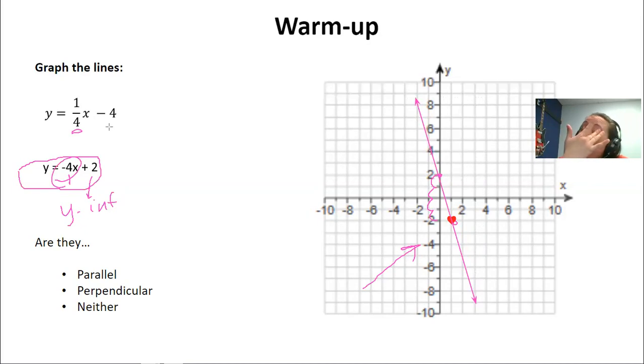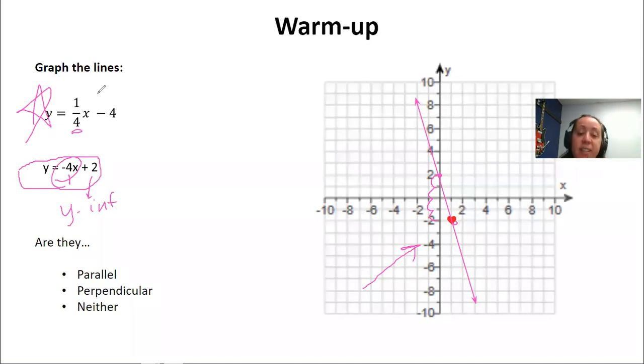So Piper, what about the first one? Where would you start that one? Piper, was that you putting a dot down at the -4? Okay, that was right. That is the starting place for this one. Sorry, I forgot that it's that.